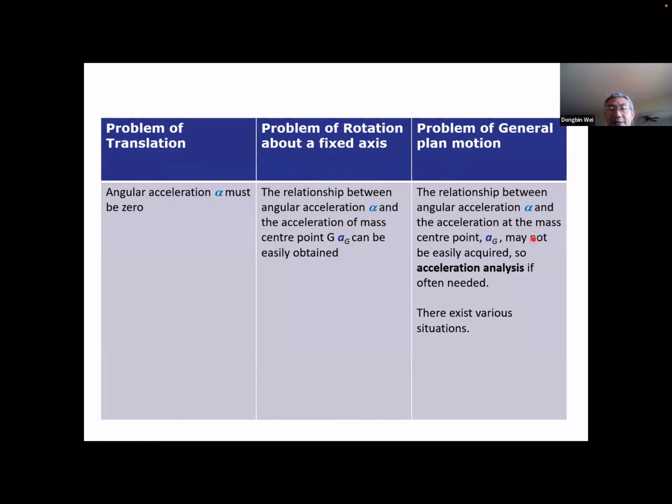So this means in many problems, acceleration analysis has to be adopted. This will increase the difficulty when you solve the problem. But there exist various situations, and we will look at these various situations.